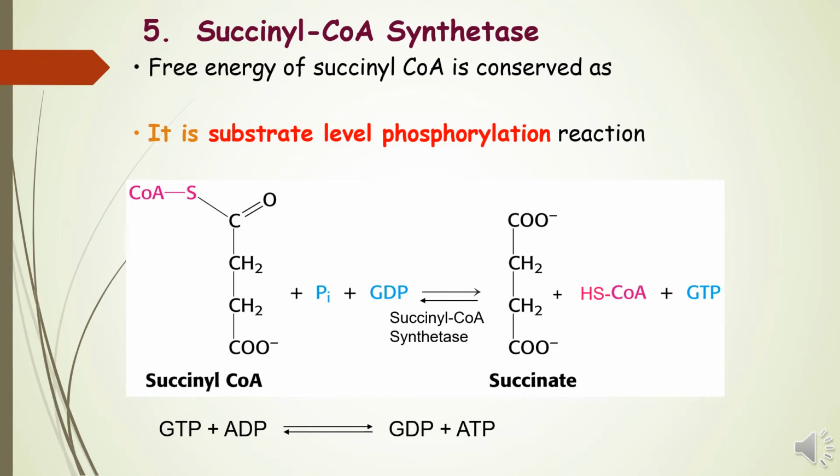As it is an energy conserving reaction, there is phosphorylation of guanosine diphosphate molecule with phosphate group to form guanosine triphosphate or GTP molecule, which then transfers its terminal phosphate to an ADP molecule to produce finally an ATP molecule. This reaction is an example of substrate level phosphorylation reactions.